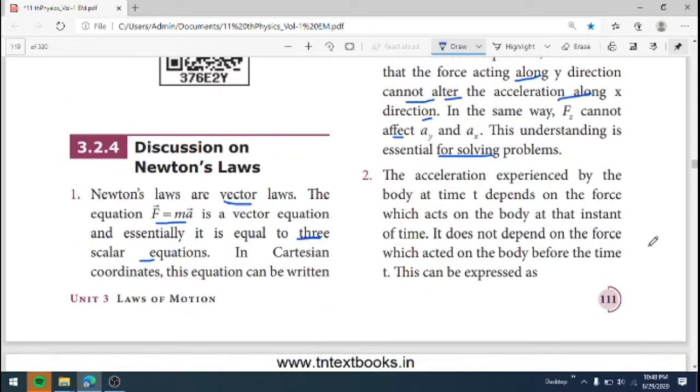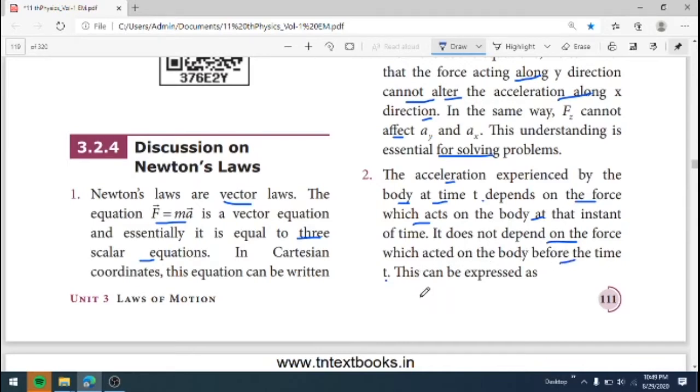Coming to the next topic of discussion, what would be the acceleration experienced by the body at any instant of time? On what does it depend? Yes, it depends on the force at that instant. What this means is that the acceleration of a body depends on the force acting on the body at that time. That is, acceleration depends on the force the body experiences at that instant, it does not depend on the force which acted upon the body before the time t.